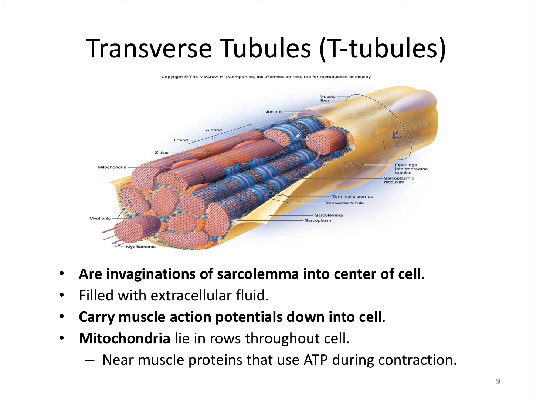So you can see there's a dense network of membranous tubules that goes down into and between and around the myofibrils. So when something pokes inward, we call it an invagination. So these are invaginations of the sarcolemma into the center of the cell. And these are filled with extracellular fluid. So these carry muscle action potentials down into the cell.